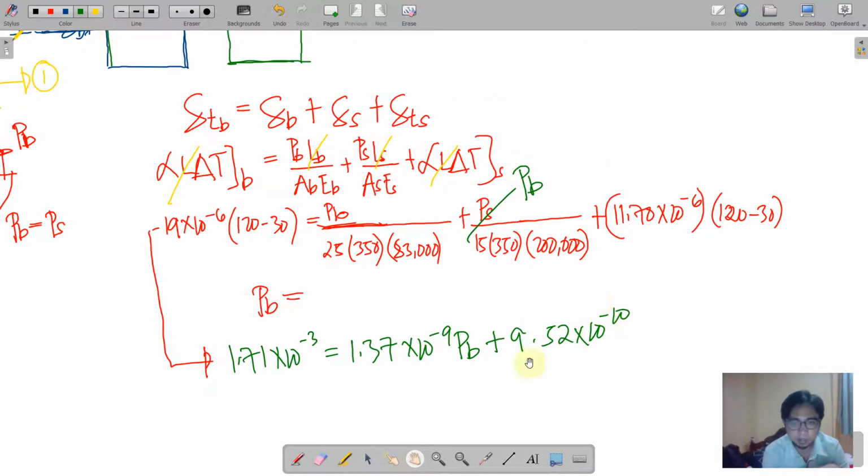And then for the last term, we have 1.053 times 10 raised to negative 3.